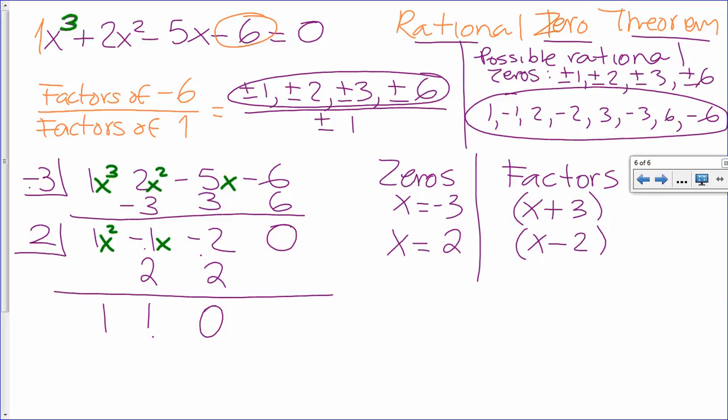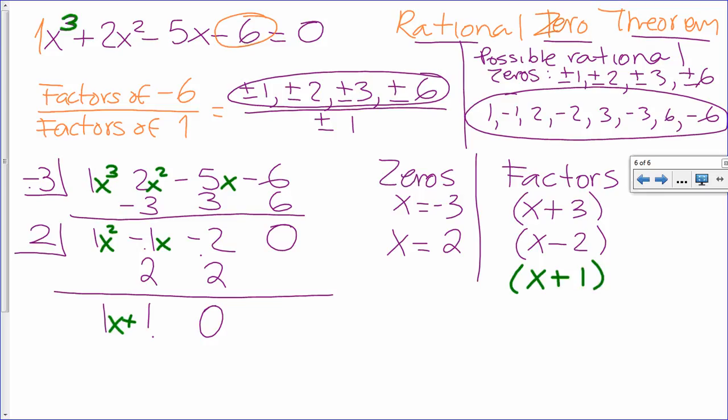So then the very last row of coefficients, the 1 represents what? X. Not the x squared, 1 degree less, so that will be x. 1x plus 1. So now we have a factor, right? The factor is x plus 1.